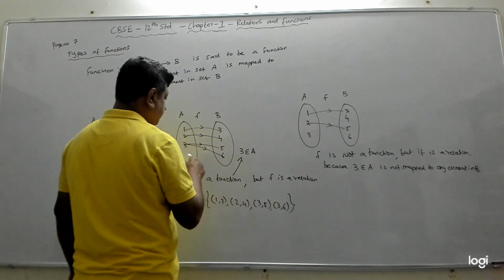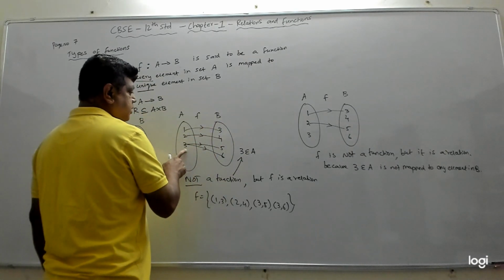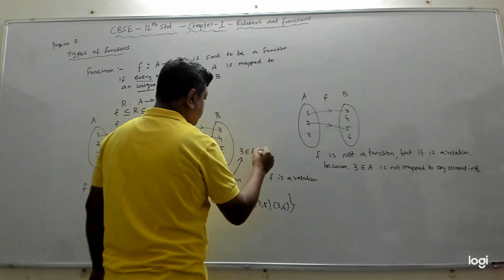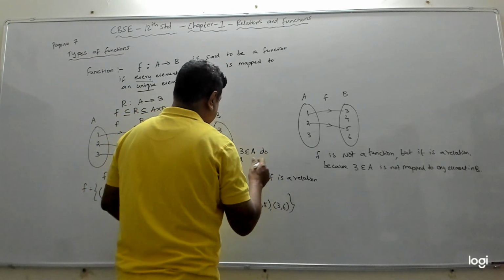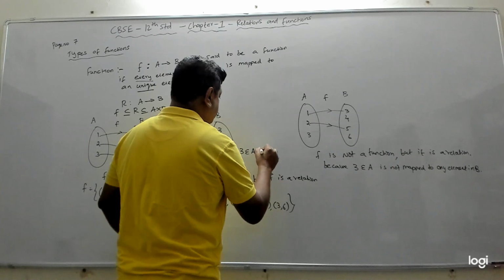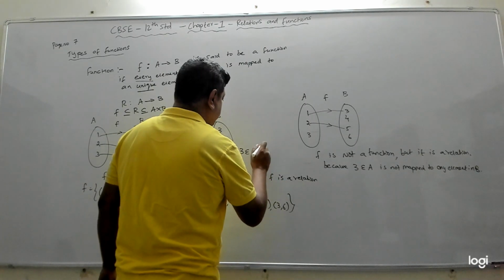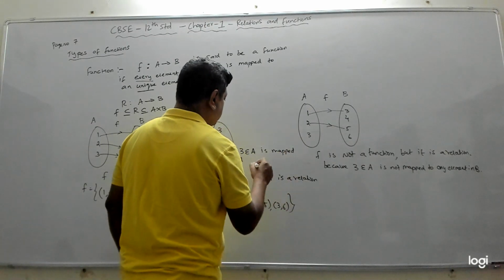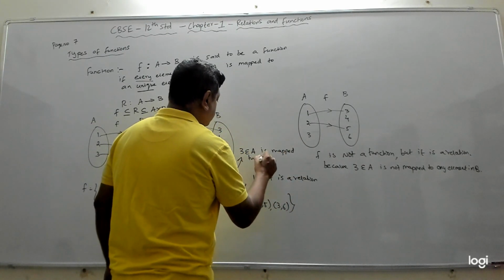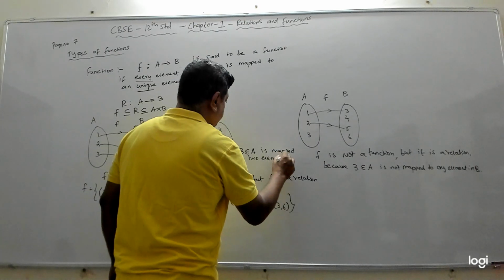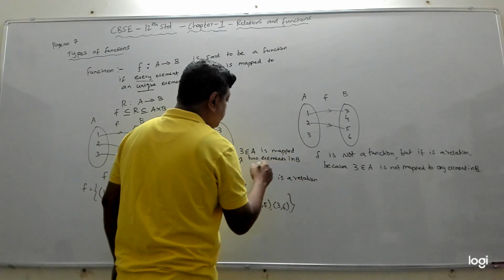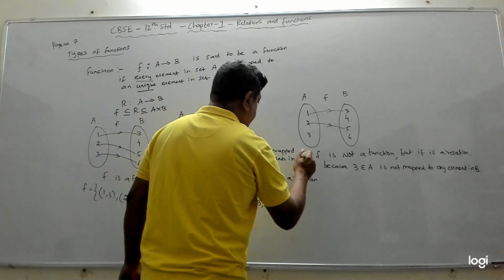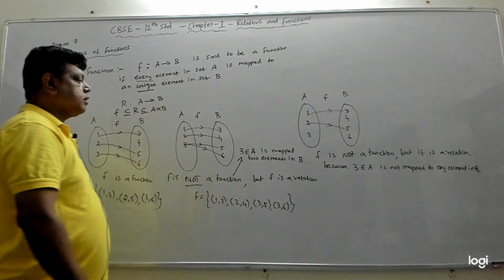Because 3 is present in both sets, I am not talking about this 3, I am talking about this 3 belonging to A. It is mapped to 2 elements in B, but it should be mapped to only one element in set B.